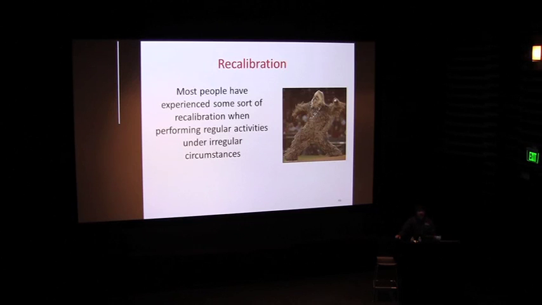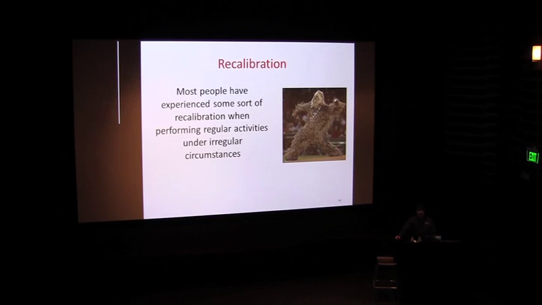For example, you can think of a baseball pitcher pitching on a windy day. Perhaps he's not trained in those windy conditions, but he's able to recalibrate when he's experiencing some irregular circumstance beyond his training, using his experience, right? And that's how recalibration works.